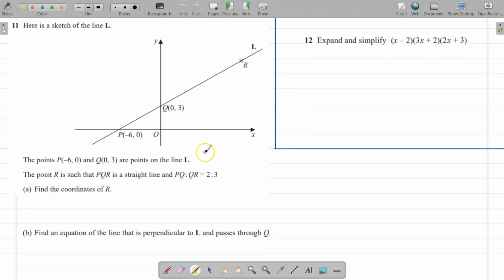A straight line graph, and we've got 2 points we're given, so from that we can get quite a lot of information. We've got to find the coordinates of this point R, and this is divided in the ratio 2 to 3. So this length here is 2, this length here is 3 in that ratio. Now what I'm going to do is draw 2 similar triangles, and you'll see the significance of this in a moment.